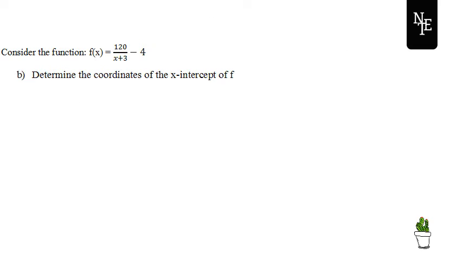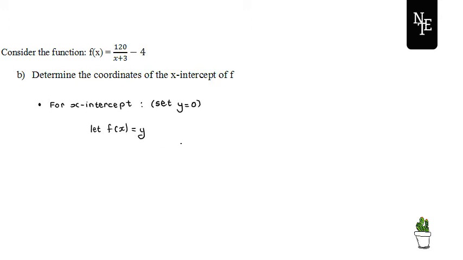Question B is asking us to find the coordinates of the x-intercept of f. So now we always start off with what we're doing. So for x-intercept, we all know by now that we need to set y equal to 0, and then we're going to let f of x equal y.